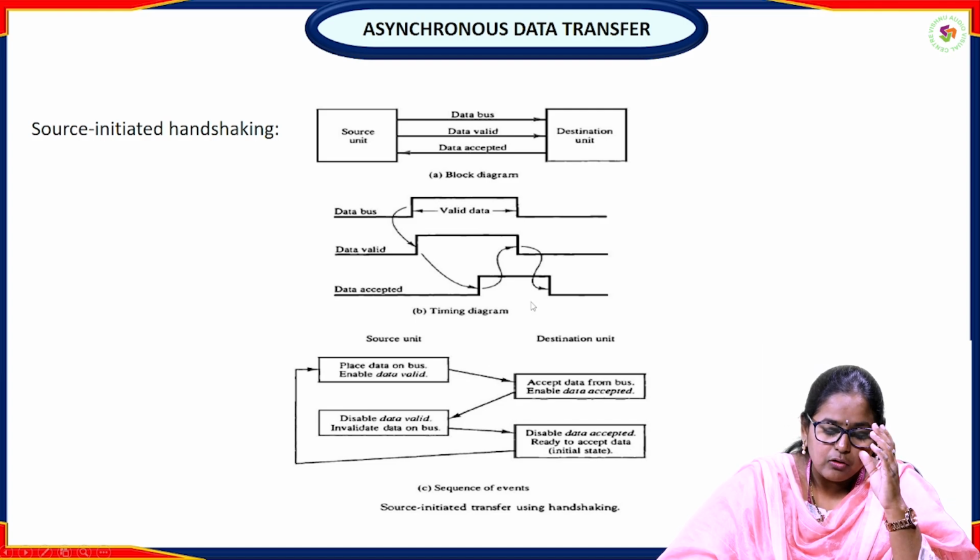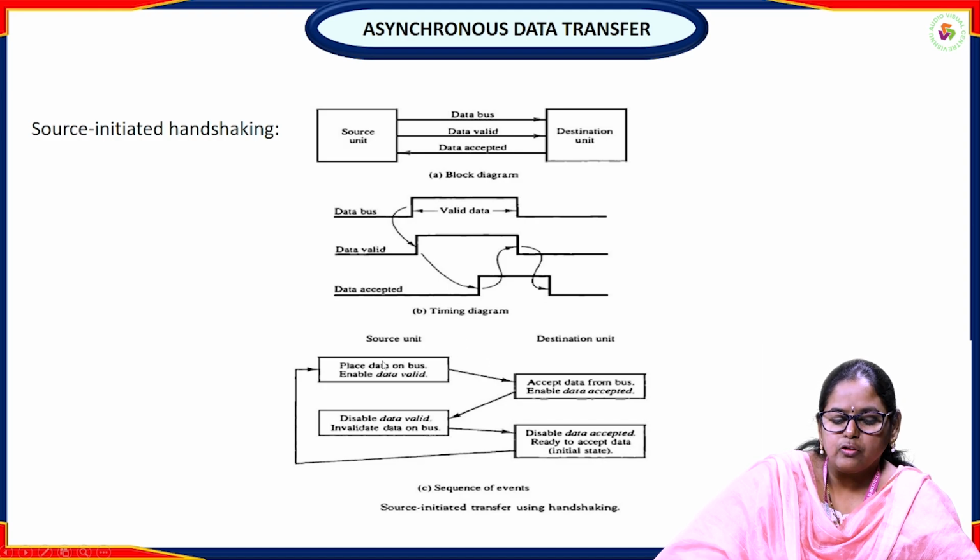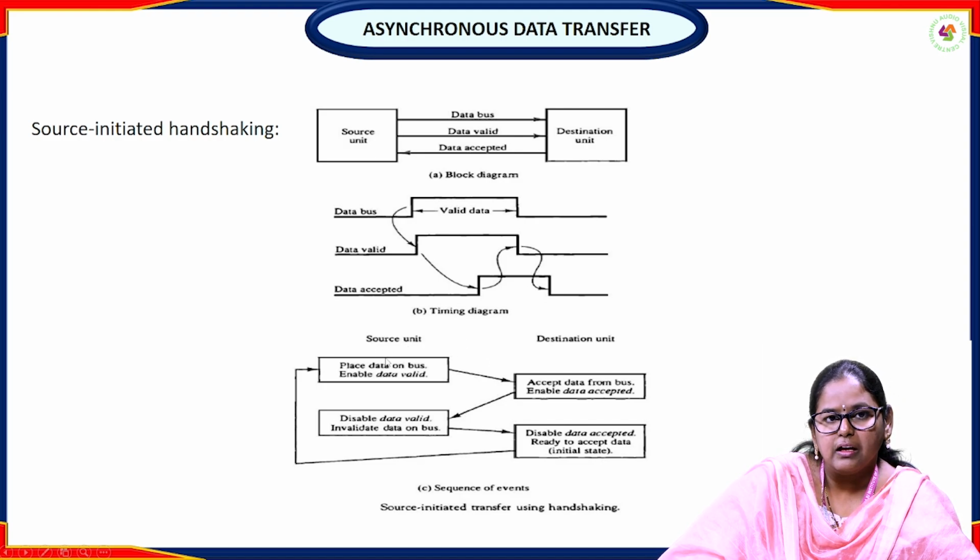And when we go with the sequence of events, the process specified by the sequence diagram shows what actions were carried out at the source unit and what actions were carried out at the destination unit. For the source unit, the first operation is placing data on the data bus and then enabling the data valid line.